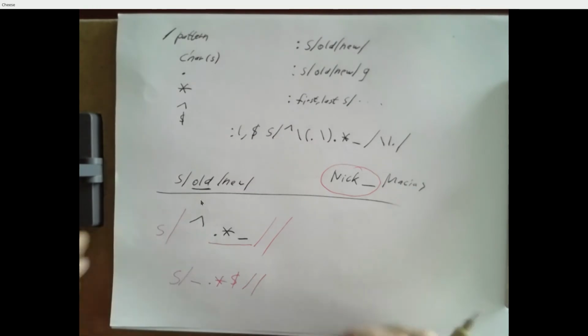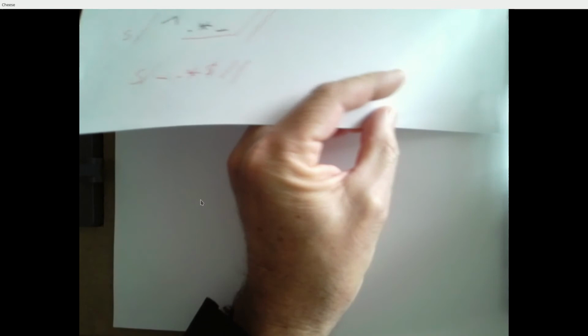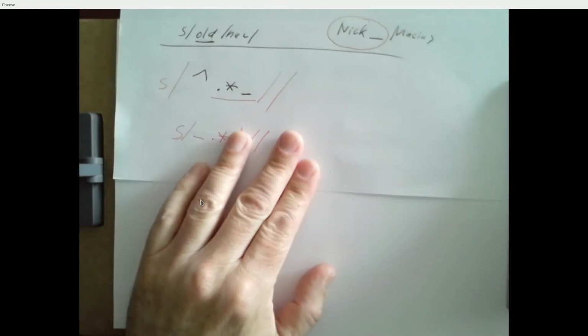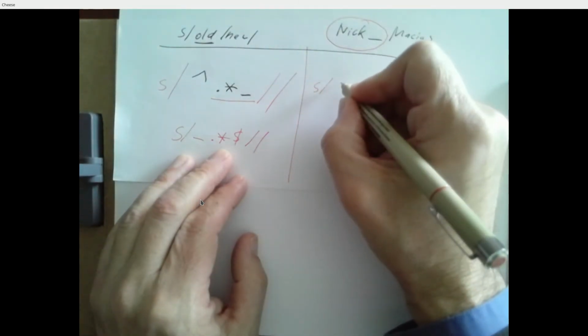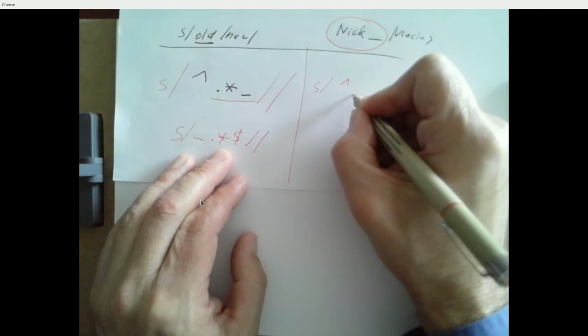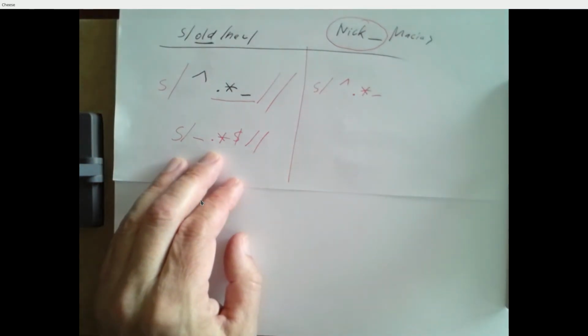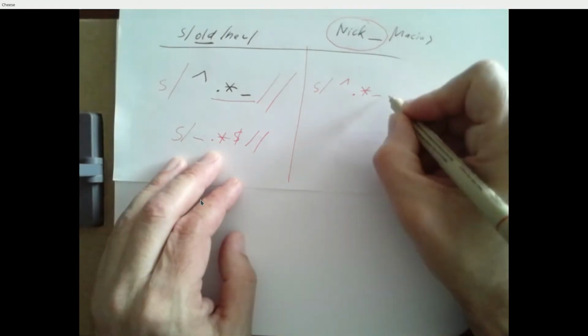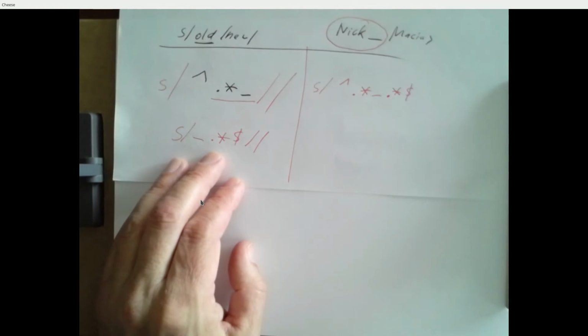But suppose I want to swap the first name and last name. So I can say, let's take the beginning of the line, match everything up to a space, and then match everything up to the end of a line.